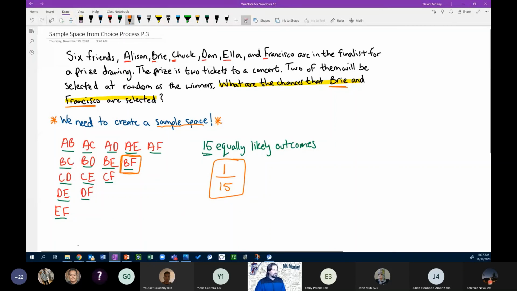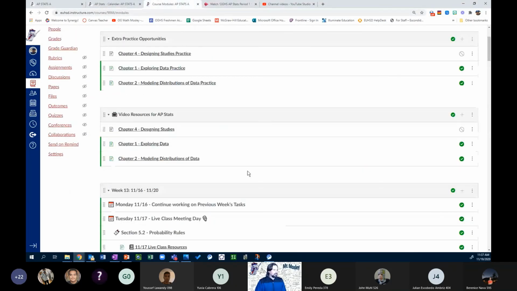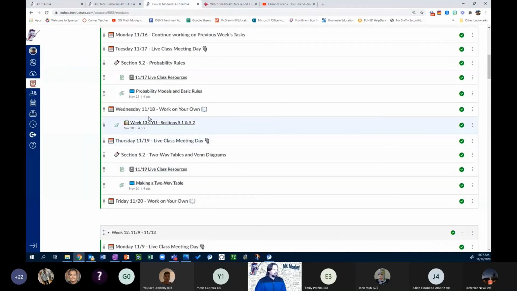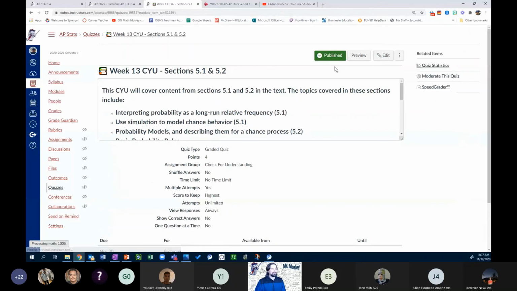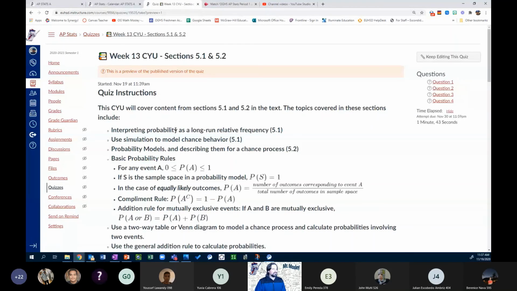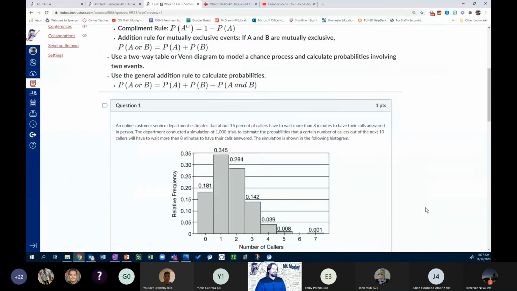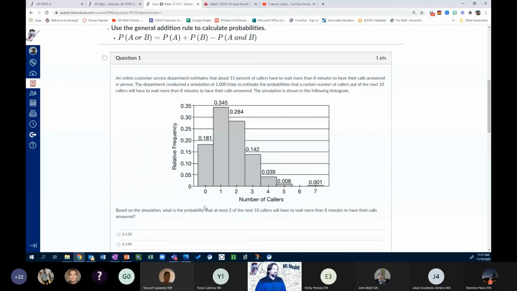So then, looking at our module, the CYU for this week. Here's just some information. This is not part of the quiz. These are just things that we've covered. There's a question having to do with using a relative frequency table to determine a probability.